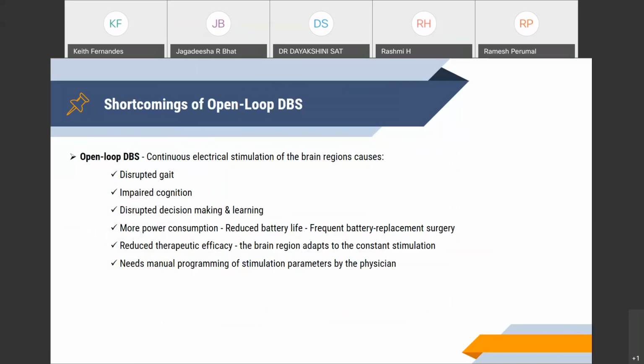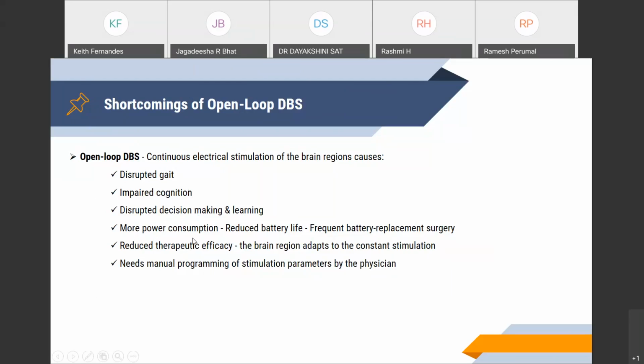So, due to the continuous electrical stimulation, it results in disrupted gait. It also induces some other neuropsychiatric as well as movement disorders. They find it difficult to manage their walking position or something like that, and it impacts cognition, decision making and learning. And these last three points are very important.